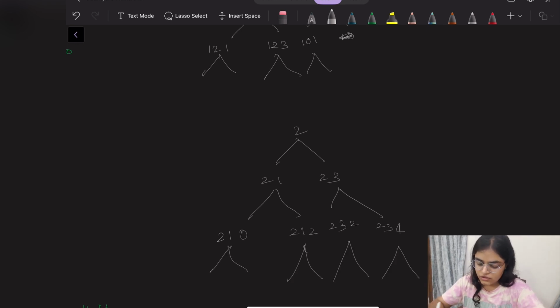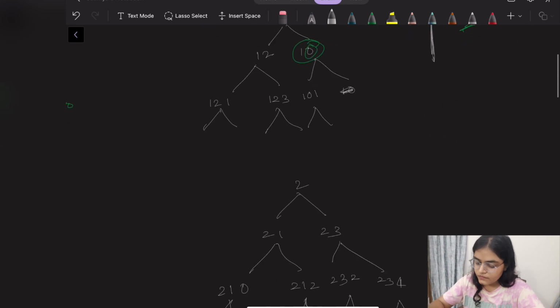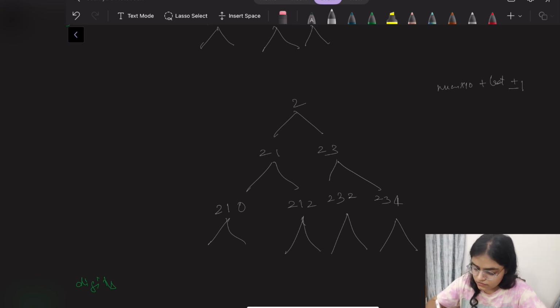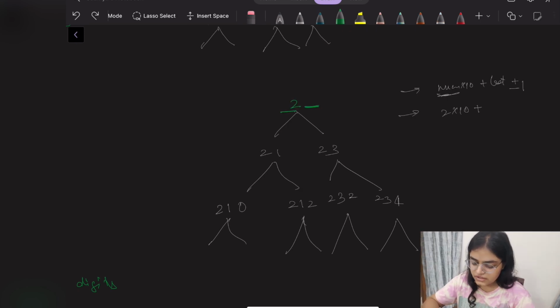Let's see if this formula works or not. The formula was num times 10 plus last digit plus minus 1. For 2, we take 2 times 10 plus the last digit; there is only one digit, so that is considered the last.